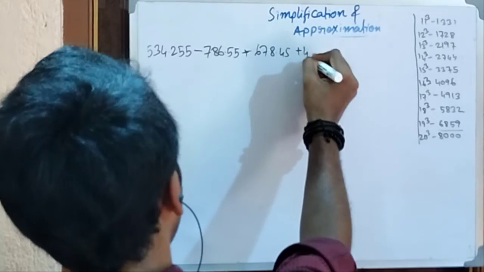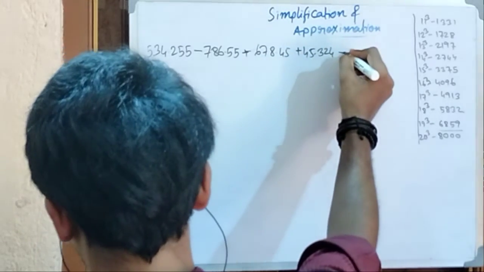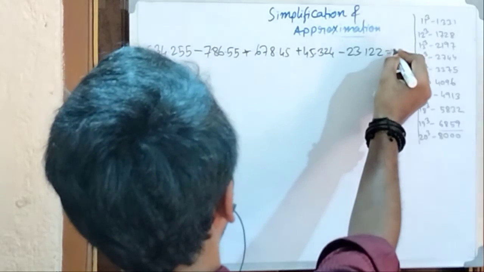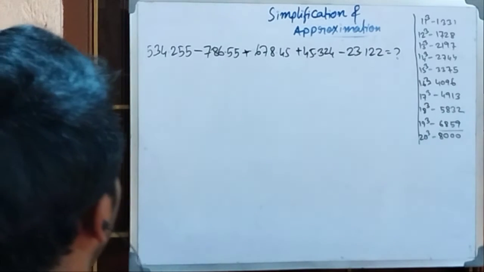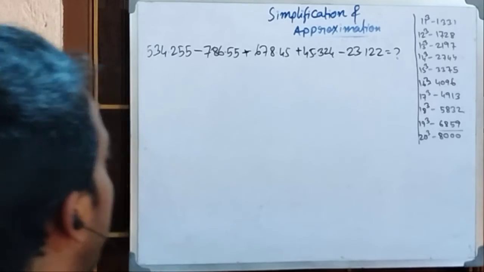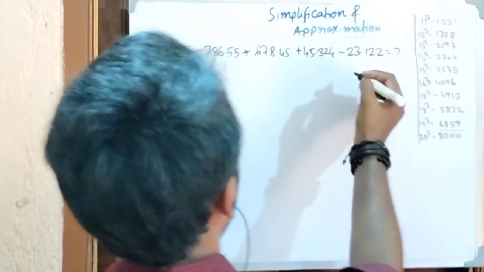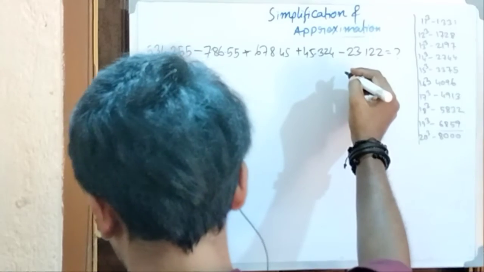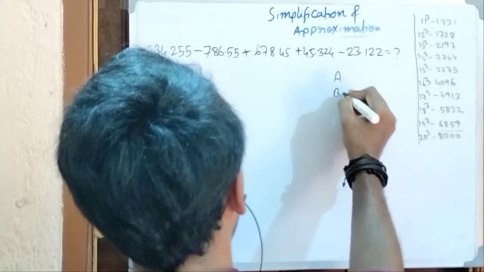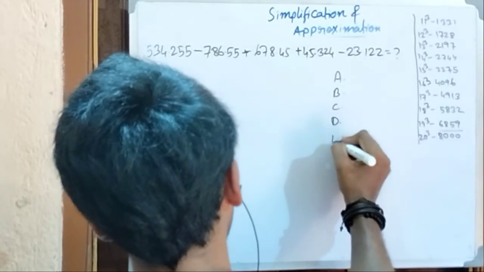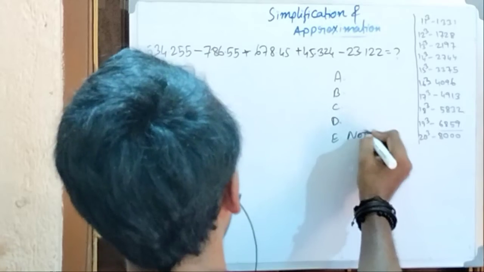678.45, 45.324, 23.122. Right? Okay, solve it. Here I am not giving the options, and I am clarifying that I am giving the exact option, not approximation, so I am giving none of these options.